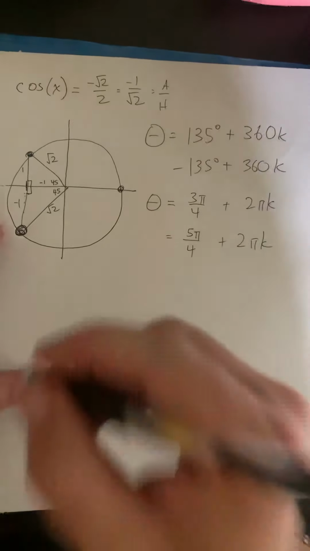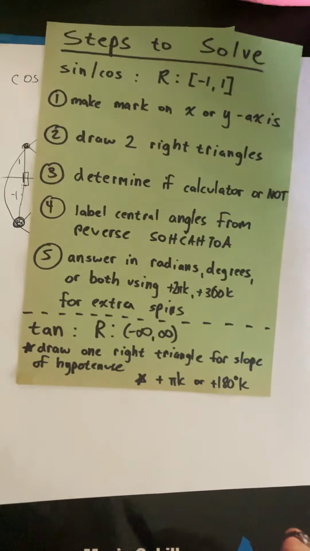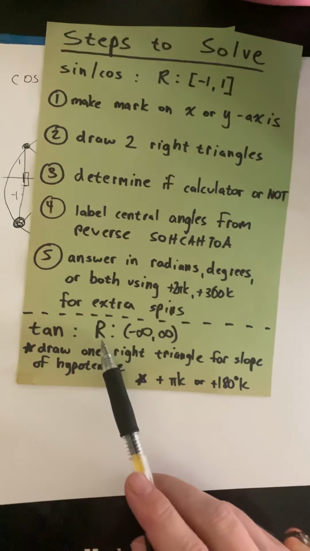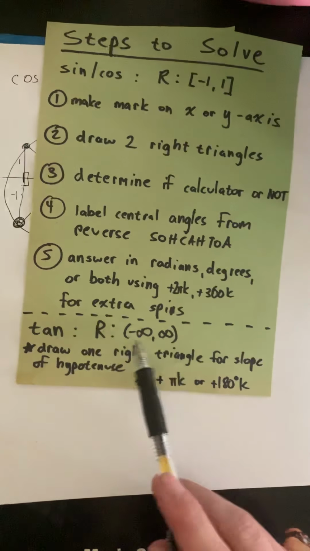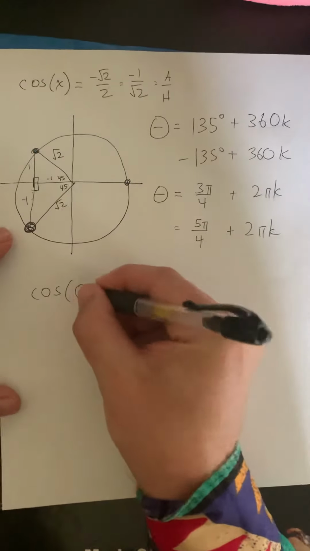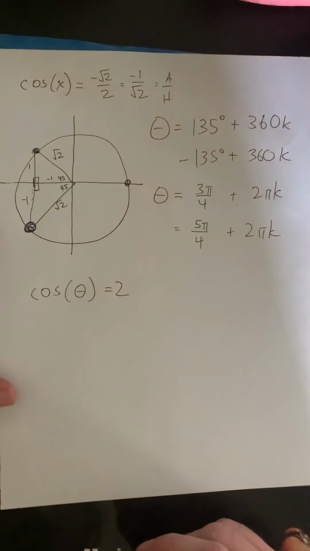What about tangent? Okay. Now on this little list, they have a little thing at the bottom for tangent. Tangent's a little different because its range, this is R for range, is all real numbers. If a problem asks you to do cos, like what is the cos that equals 2? We can't do this problem.